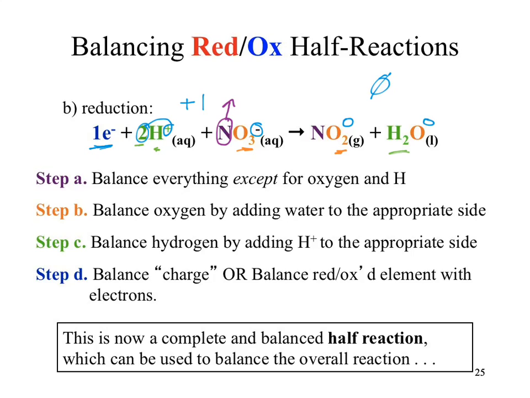Our nitrogen. What's the oxidation state on the nitrogen on our reactant side? See how many of you can do that in your head. Should come out to be a +5. And then the product side comes out as a +4. How can we make sure our oxidation states balance? We need an extra electron on the reactant side.